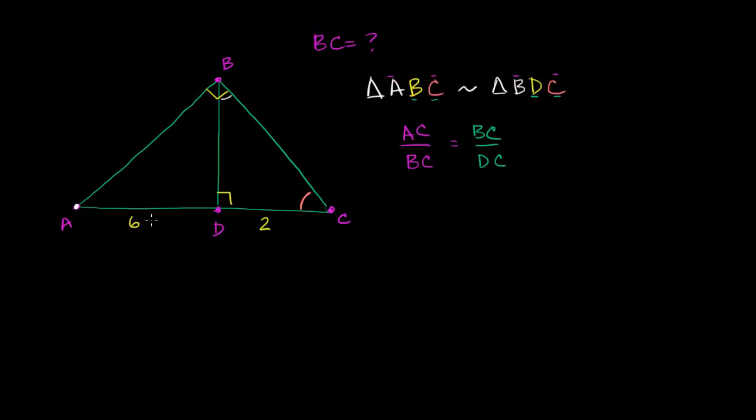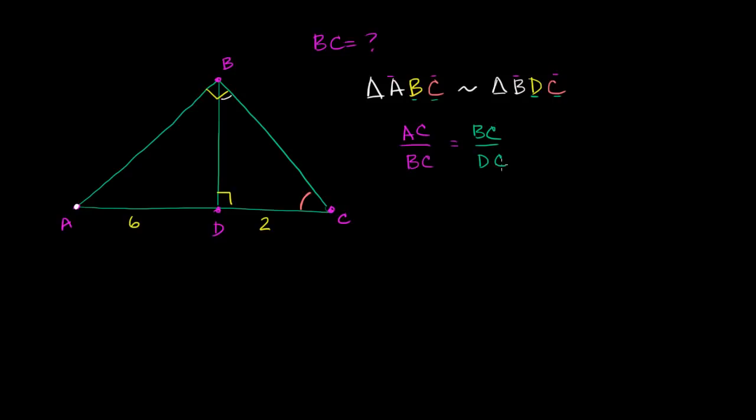It's good because we know what AC is and we know what DC is, and so we can solve for BC. So I want to take one more step to show you what we just did here, because BC is playing 2 different roles. On this first statement right over here, BC on our smaller triangle corresponds to AC on our larger triangle.